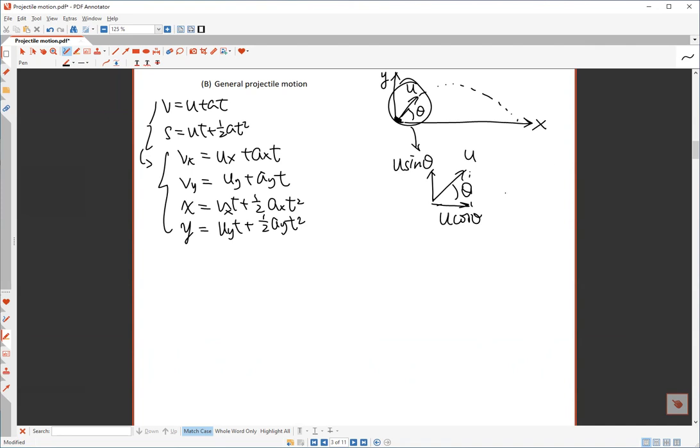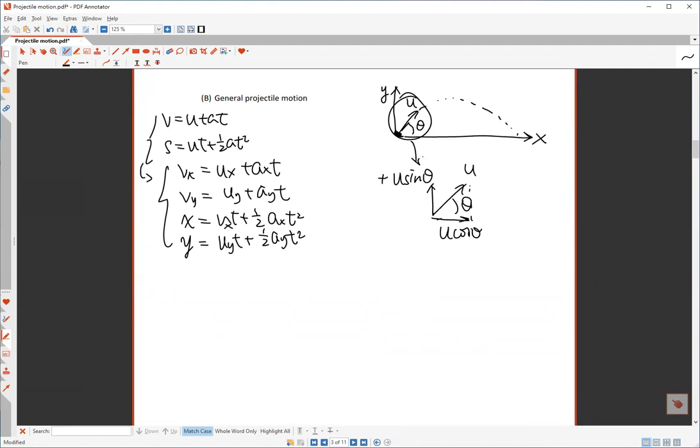Be reminded that because we let upwards be positive in this case, this is positive u sine theta. If we let downwards be positive, it will become negative u sine theta. So we know ux and uy, and we substitute the acceleration.